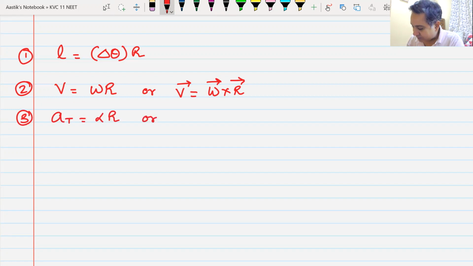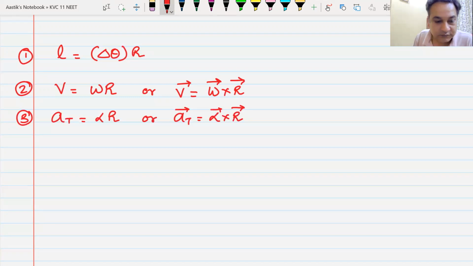You can also remember the vector relation: a_t is alpha cross r. Have we noted it down?